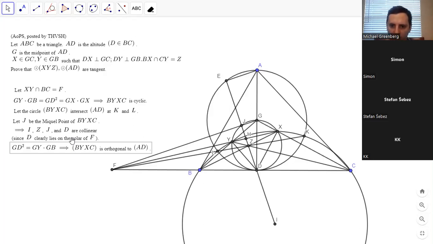So the polar of F. Yeah, no, actually, I think I got confused a little bit.